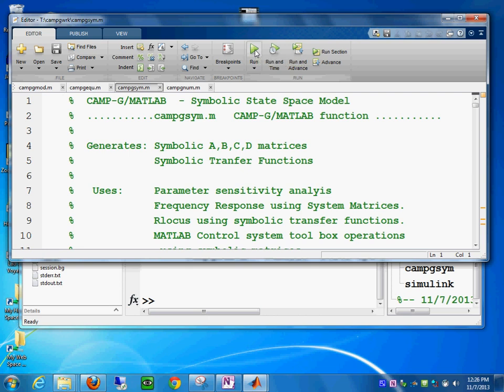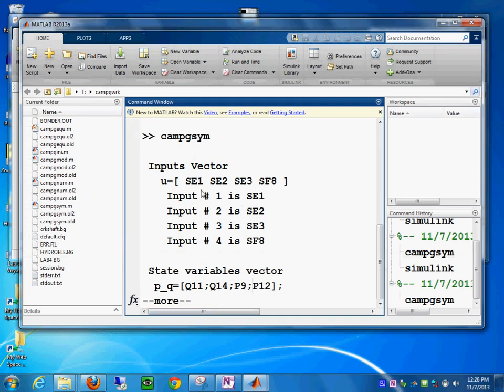If we just run the file directly, the computer is telling us that we have these inputs in here, and this is the state space vector. One thing that is important is to understand what variables are your state variables.